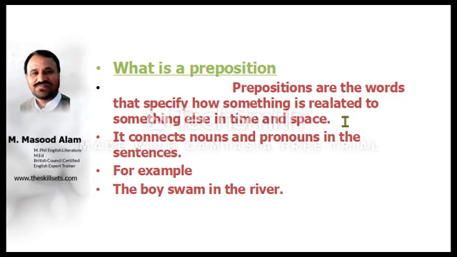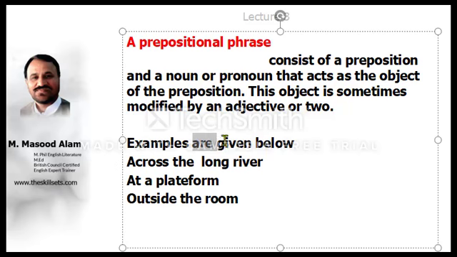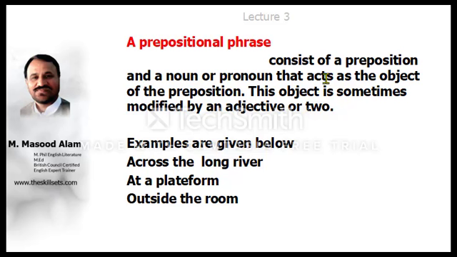A prepositional phrase consists of a preposition plus a phrase, and a phrase is a group of words. These groups of words can be called the object of the preposition, and the object of the preposition can consist of a noun and modifiers as well.